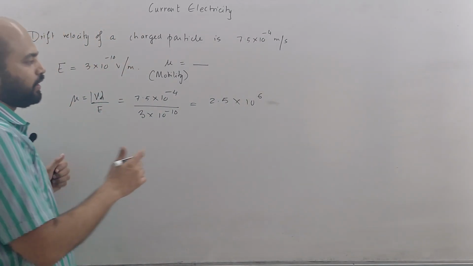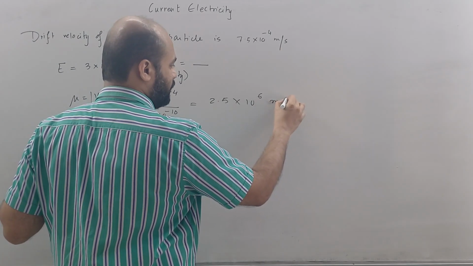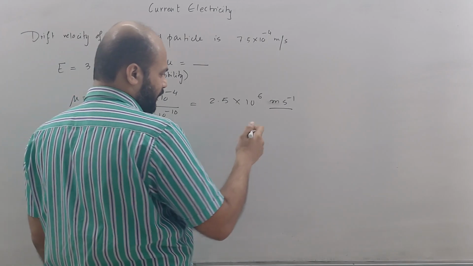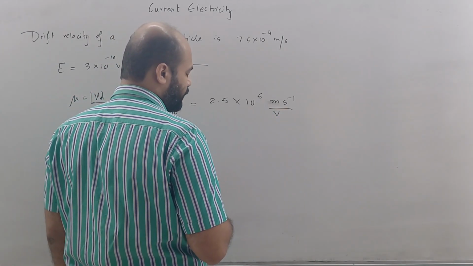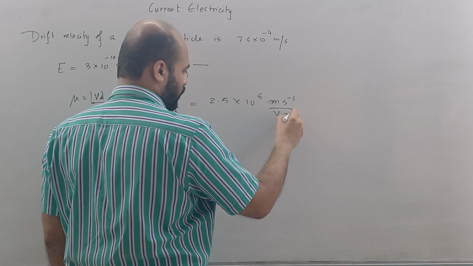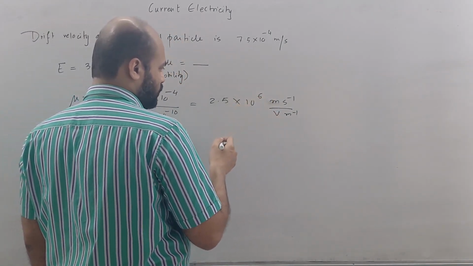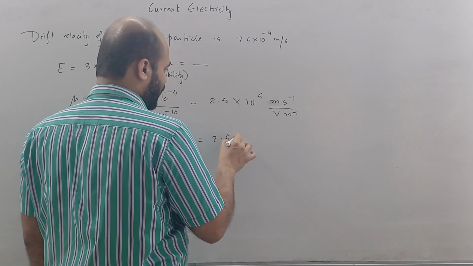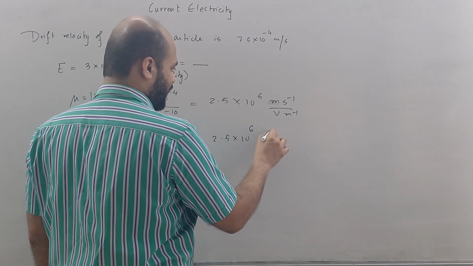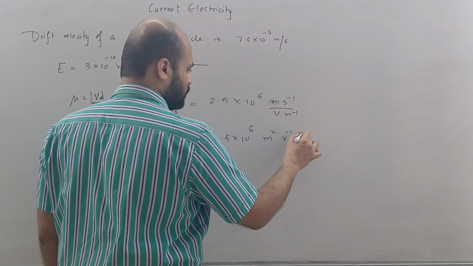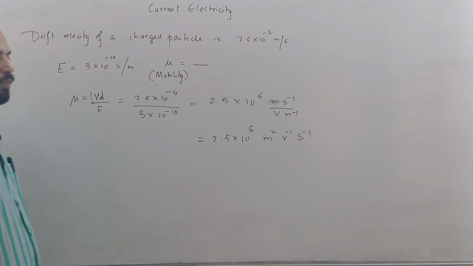We know that drift velocity is meter per second, and we know that electric field we can give as volt per meter. So combining all this, we would get it as 2.5 into 10 raised to 6 meter square volt inverse second inverse. This is the unit of mobility.